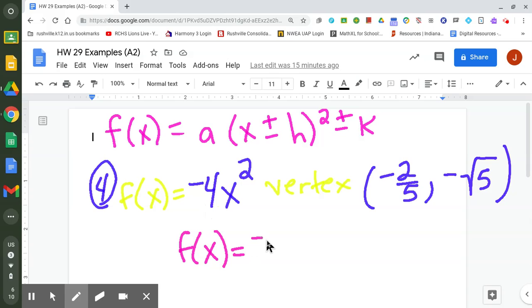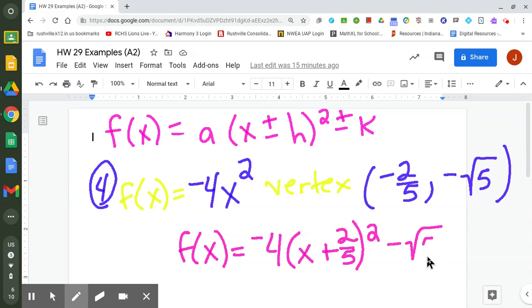So the negative indicates this would be a graph opening downward. The 4 indicates that it would be a skinny graph. And then I have my parenthesis x. And then the -2/5 would have to be a +2/5 because remember, those are the opposite. And then squared. And then my k is negative square root of 5.